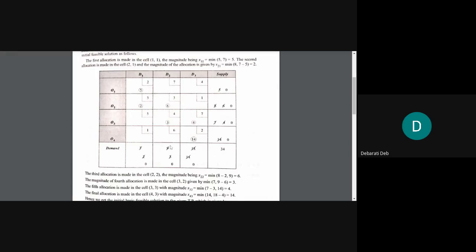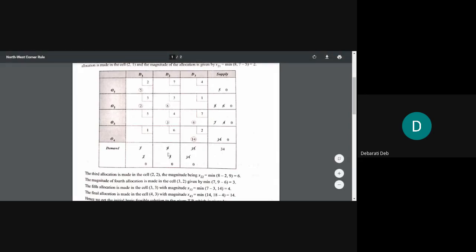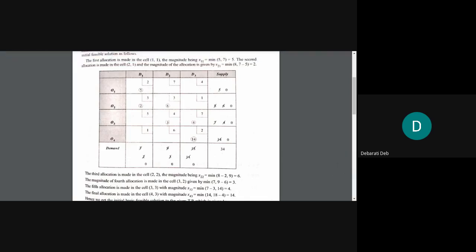Now you see, we were comparing 9 and 6. Out of 9 and 6, 9 is bigger. That means the column total is bigger. If the column total is bigger, where do we move, right side or downward? Downward. So we are now in this box.